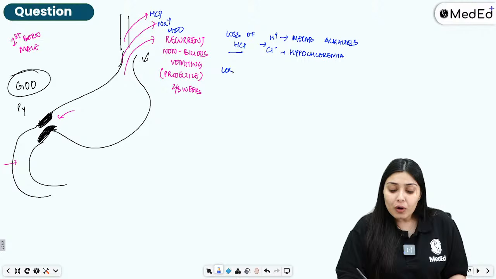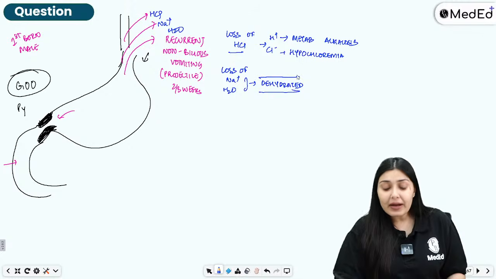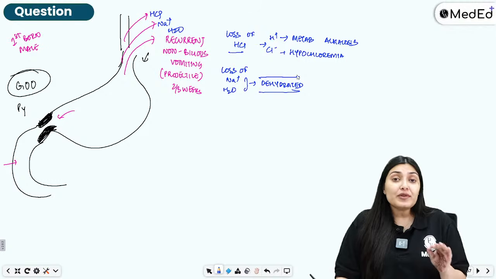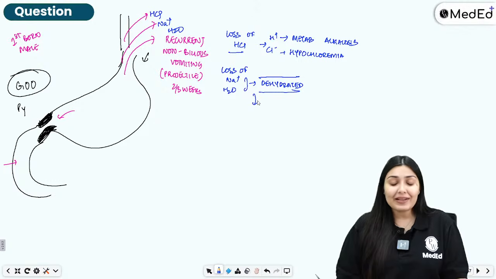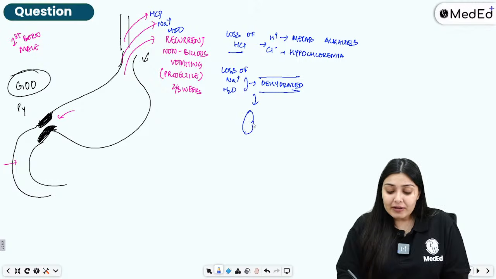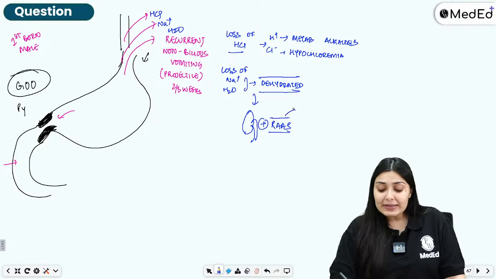And what about the loss of sodium and water? This child will be very dehydrated. Right, very dehydrated. And whenever there is loss of sodium and water from my body, which system gets activated? My RAS, the renin-angiotensin system, will be activated. And by this we release aldosterone.